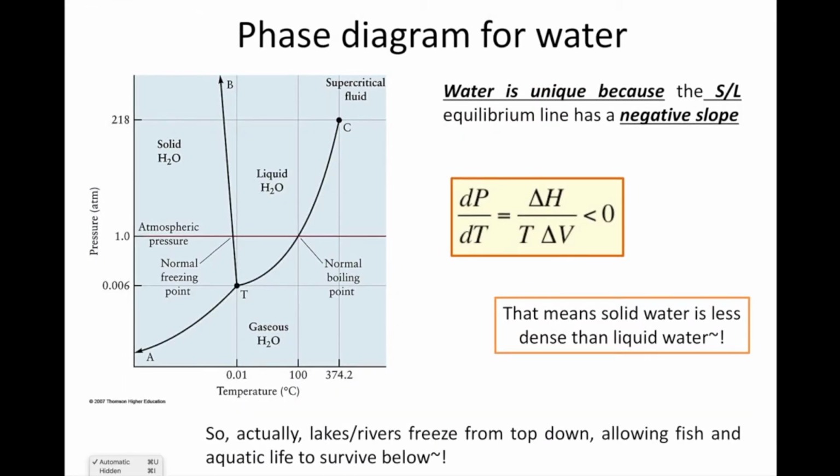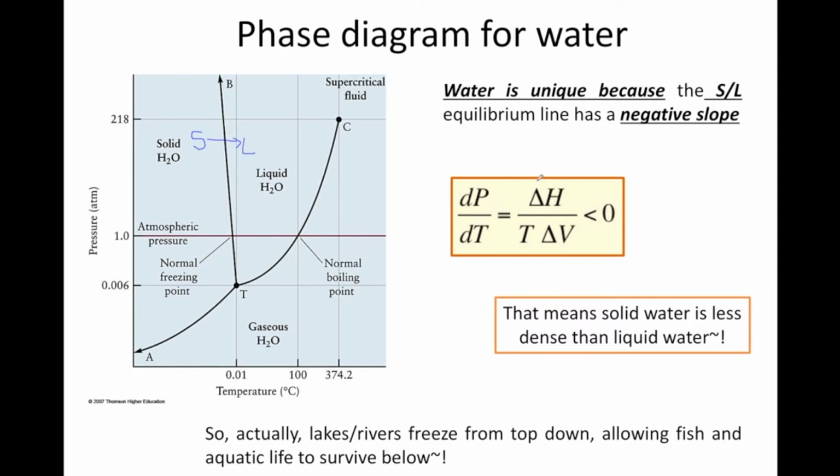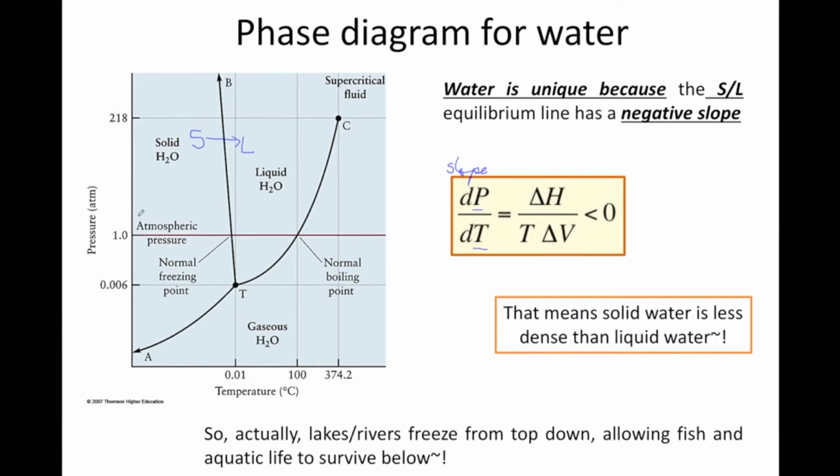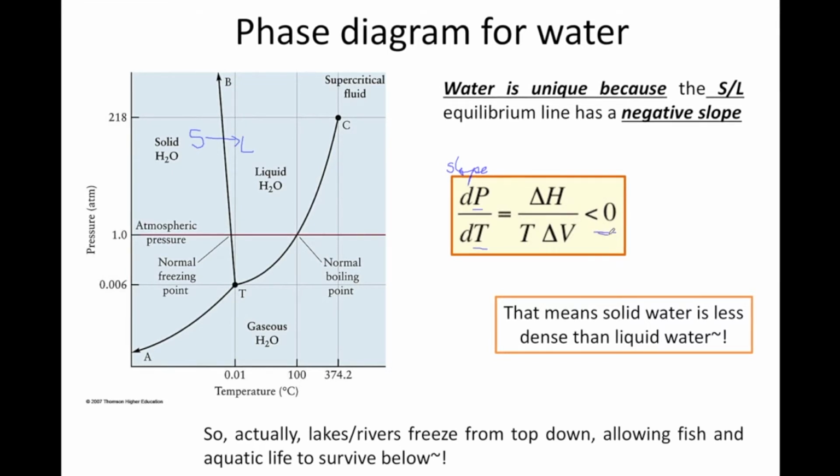So let's look at this. Again, you have this slope that is looking at the transition between the solid and the liquid. This slope here is actually the rate of change between the pressure and the temperature. Okay, that's how we define the slope. And then according to the experimental measurements, that slope is negative.